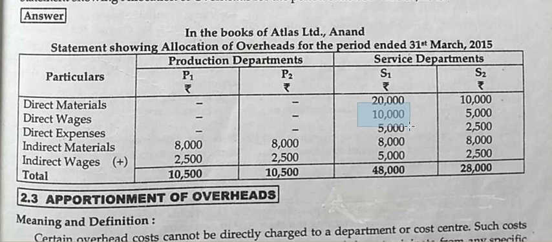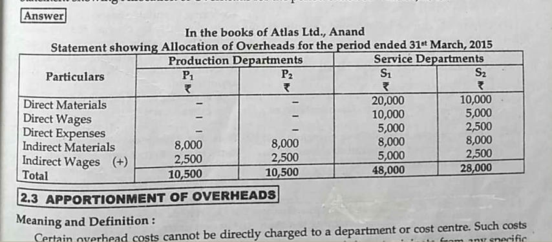Over here in the production department nothing is mentioned, that is, this part is kept empty, but the same figures of 8,000 each for the indirect material and indirect wages, 2,500 for departments P1, P2 and S2, and for service department 1, 5,000, are written as it is.